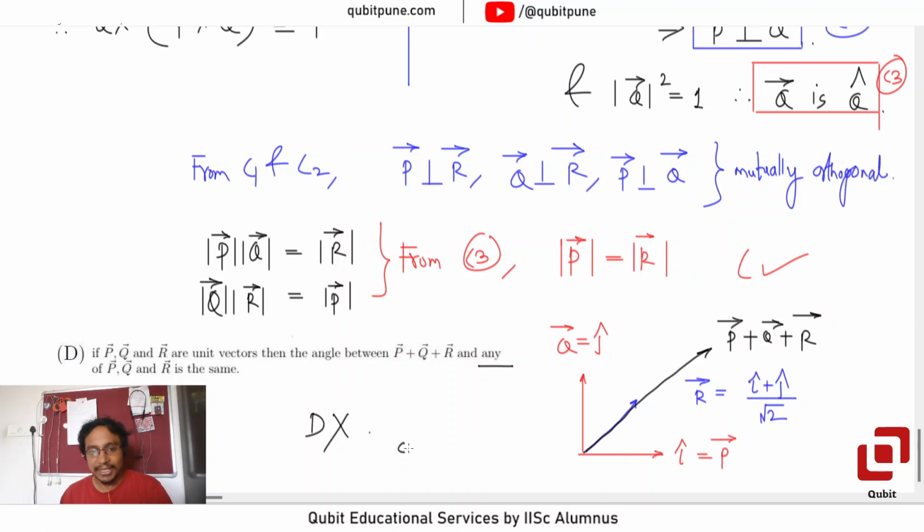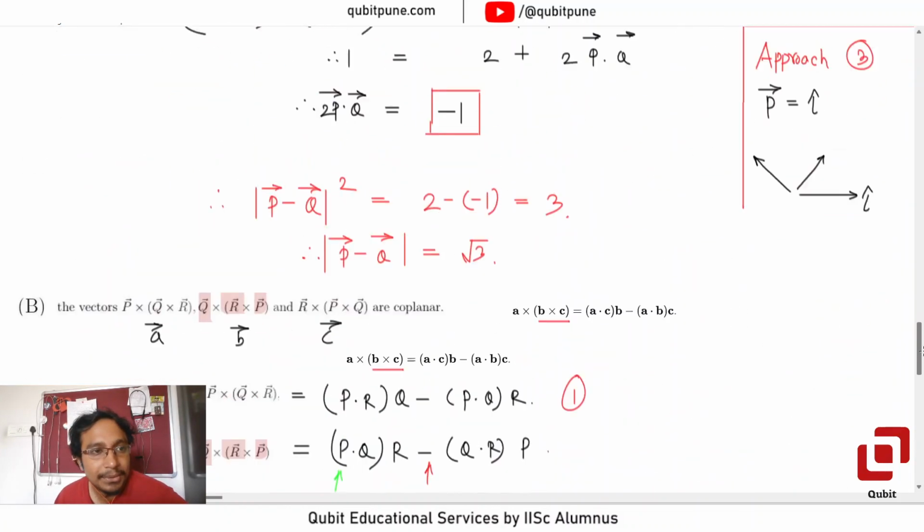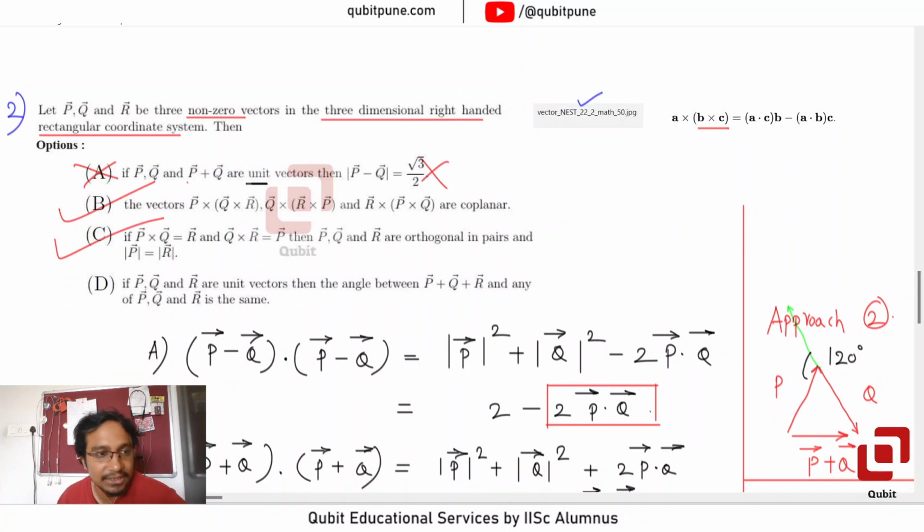So I assumed that angle is theta p, but then it took me a lot of time. P bar dot P bar will be 1, then P bar dot Q bar, then P bar dot R bar, so cos theta 1 plus theta 2, there are lots of terms like that. So it's better to look for a counter example and luckily we got this counter example. So option D is correct.